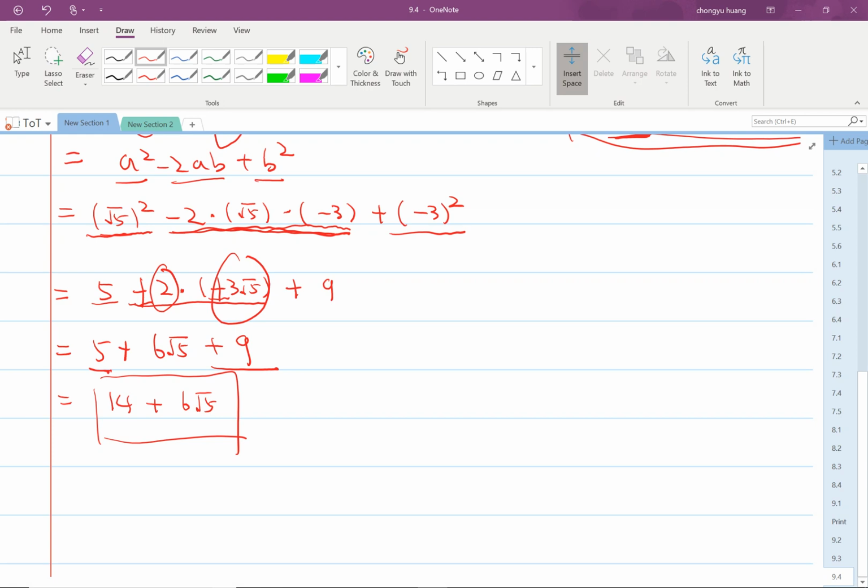So this will be our final solution. Let me read the final solution: it is equal to 14 plus 6 square root of 5.